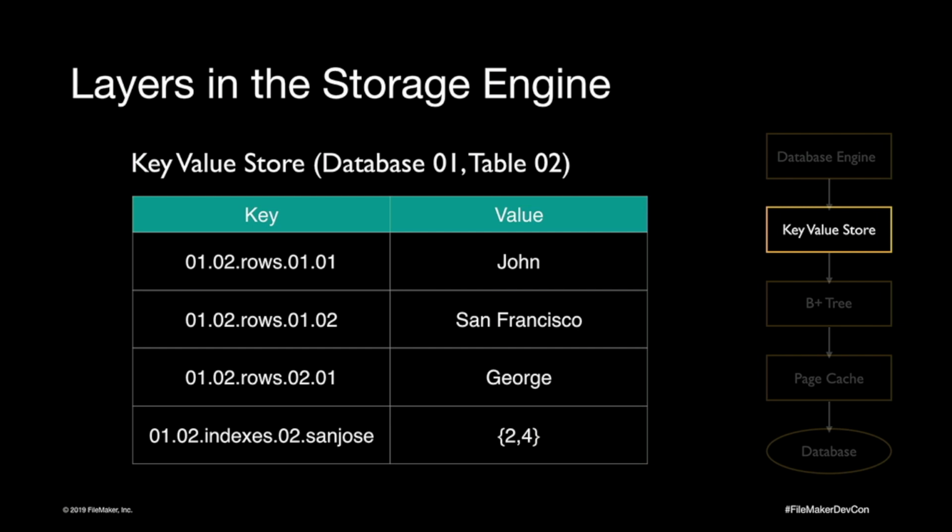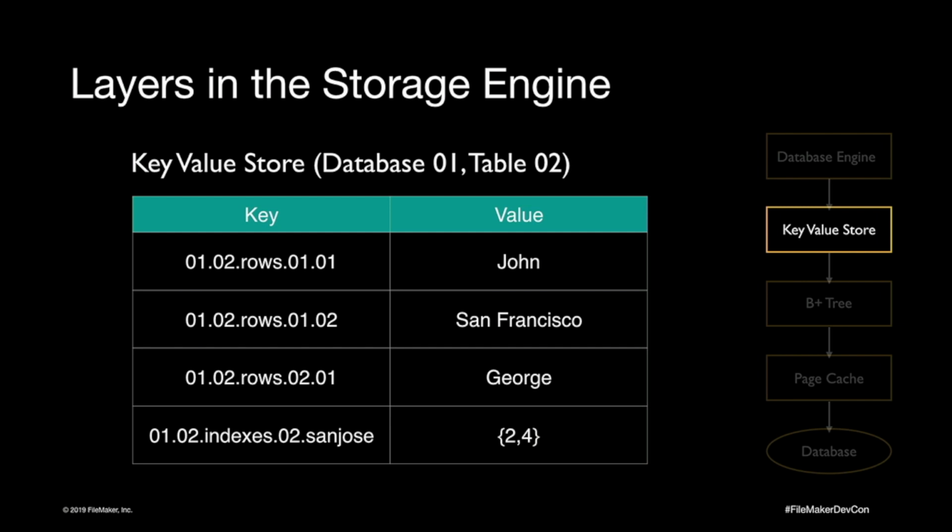The leftmost subkey says it's database 1, and the next subkey says it's table number 2. Then there is a special meta key saying that I'm now going to give all the rows of that particular table. The next subkey, 01, means row number 1, and the last subkey says it's column number 1. The value for that particular key is John.